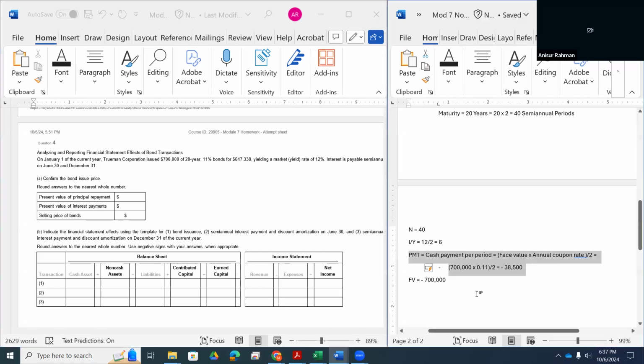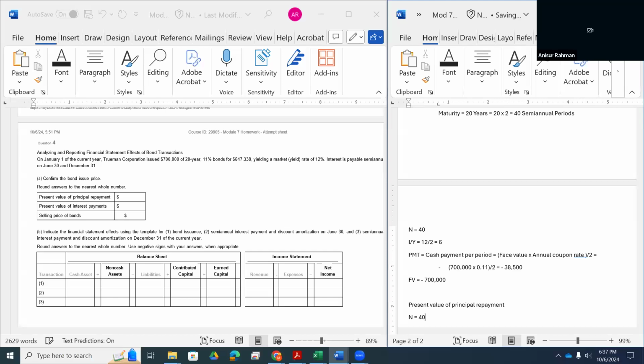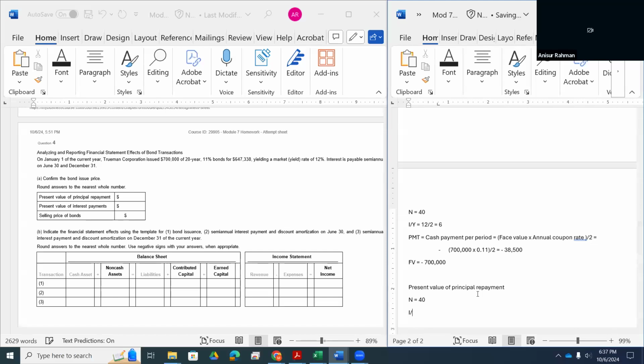So to answer our first question, present value of principal repayment, our N is equal to 40, so this does not change. I over Y is equal to 6.